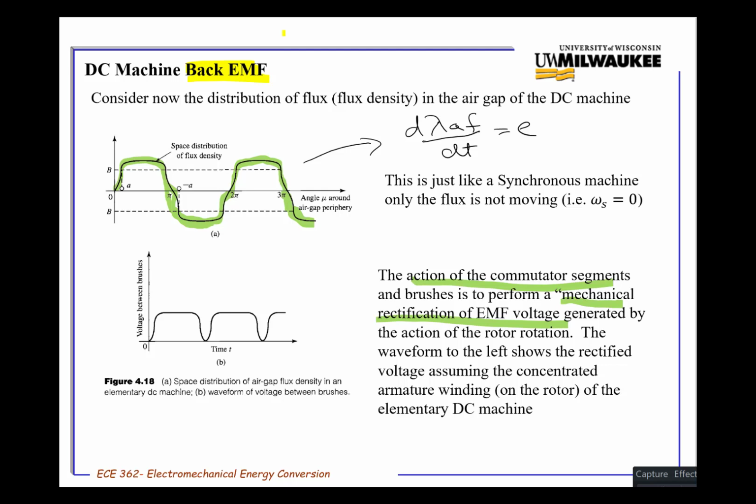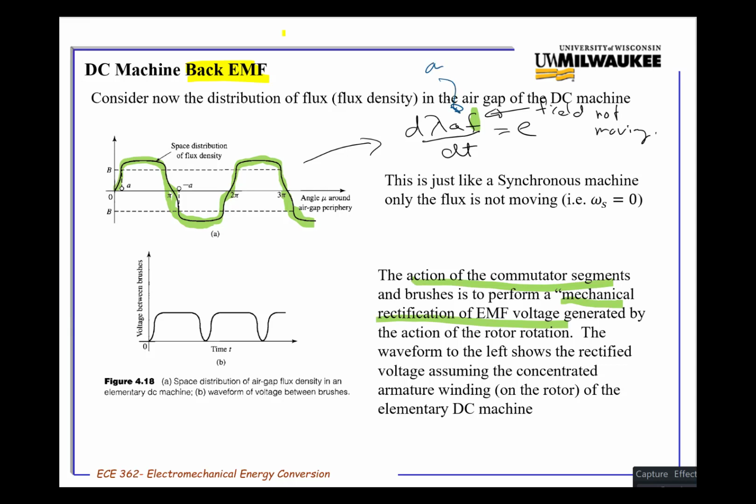It's all DC. But we actually have a position-dependent flux because of the movement of the rotor. Because essentially, whereas in the synchronous machine the field was moving, here the field is not moving, but the armature winding effectively is moving.